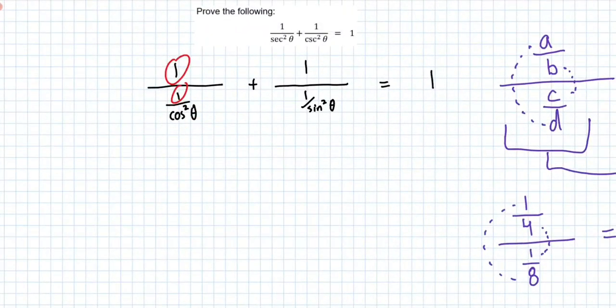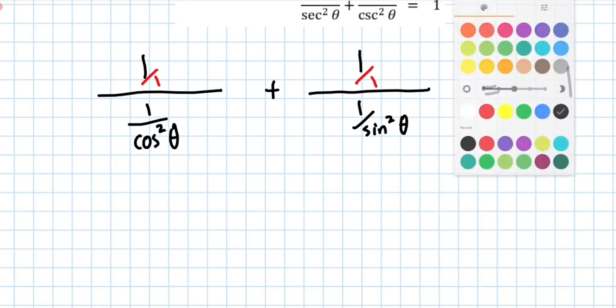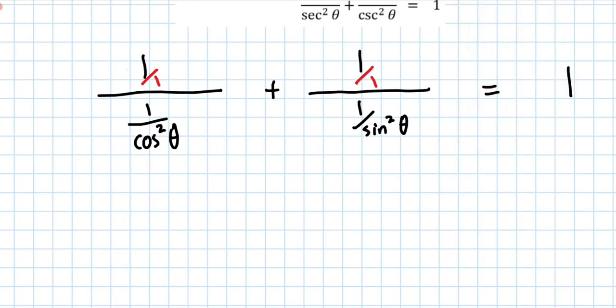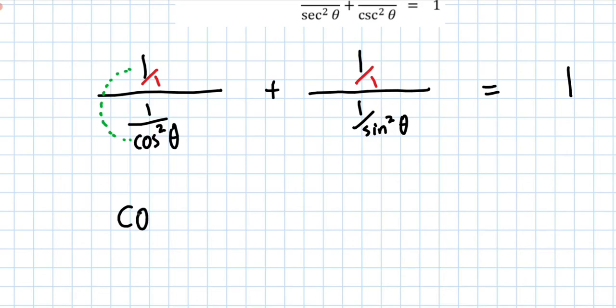Well, technically, this 1 on the numerator is over 1. So is this one, over 1. So the outside terms, 1 multiplied by cosine squared theta, which would be, of course, cosine squared theta.